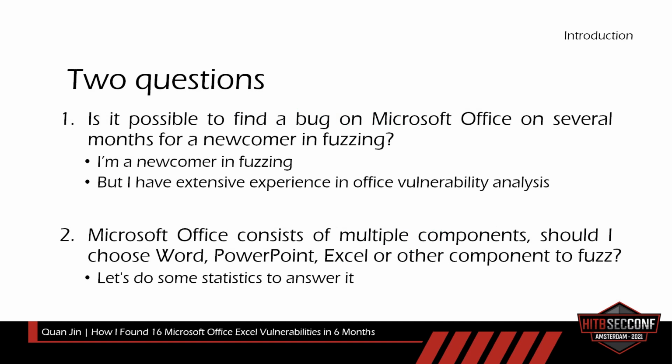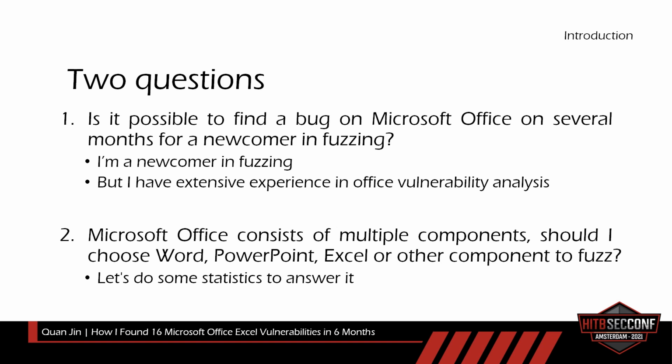It seems that Microsoft Office is a good candidate for me, but there come 2 questions. Number 1, is it possible to find a bug in Microsoft Office in several months for a newcomer in fuzzing? Number 2, Microsoft Office consists of multiple components.